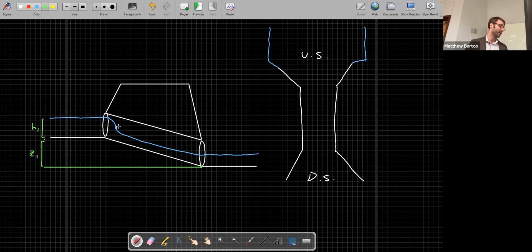Now we're interested in applying the energy equation between the upstream end and this point here where the critical depth is achieved. We'll call this depth here H2, which will be equal to the critical depth HC. We'll call this elevation here Z2.